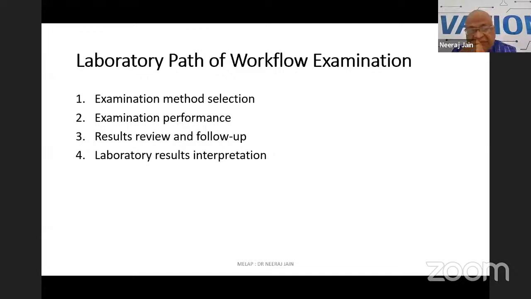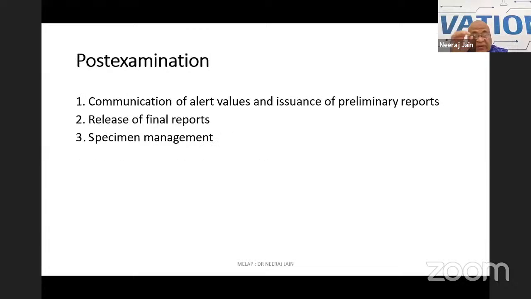You are following that. You are performing test, you are reviewing result interpretation, everything is in a defined manner. Then you are communicating alert values to clinician, release a final result. Then what will happen to that specimen? For everything, you have a well-defined procedure or instructions.